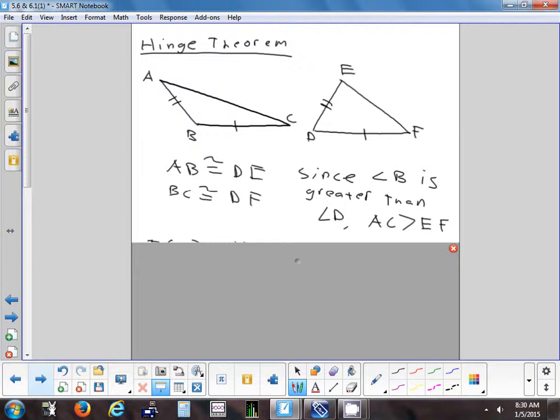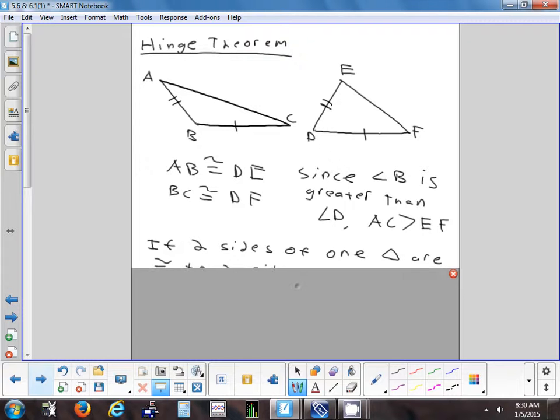And in my picture, since I drew angle B as bigger, think of that hinge as being open more. That third side is going to be longer. That's the Hinge Theorem. So let me give you the page that's on. The Hinge Theorem is on page 303.